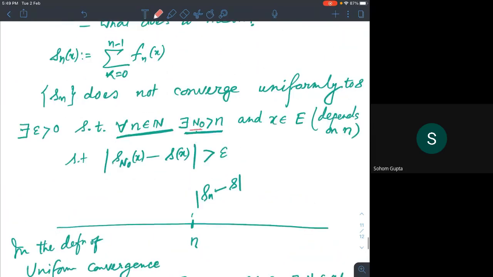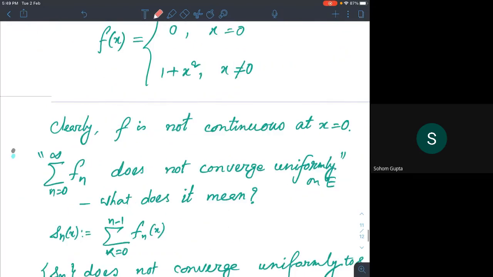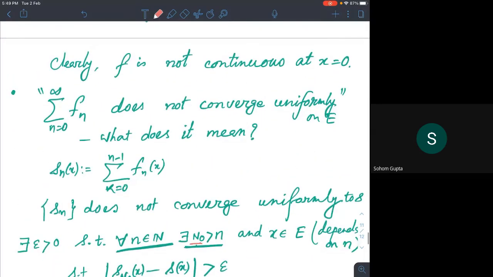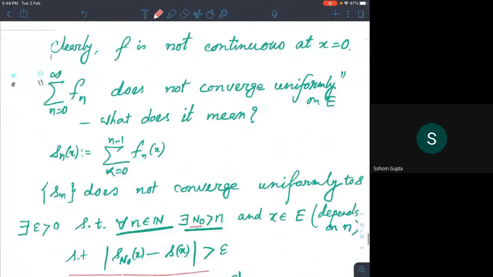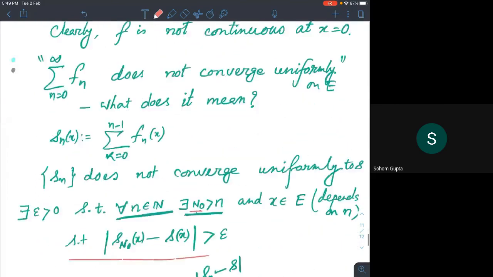So this negation is what it means to say the series does not converge uniformly. Now you see here, you need to find that x. So the x you will take is a point near 0.